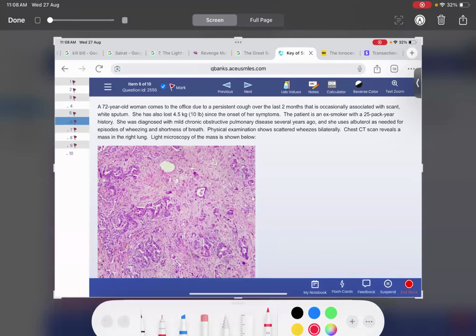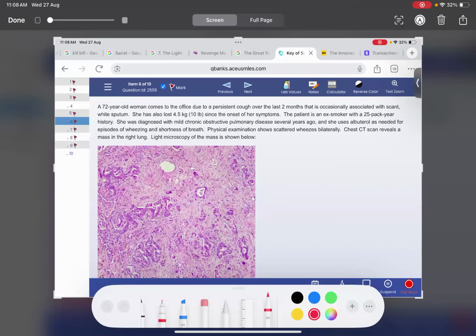The smoking history is also not present, and it's a woman as well. There is no history of TB, and small cell carcinoma is mostly present with smoking, and this is a woman and non-smoker.